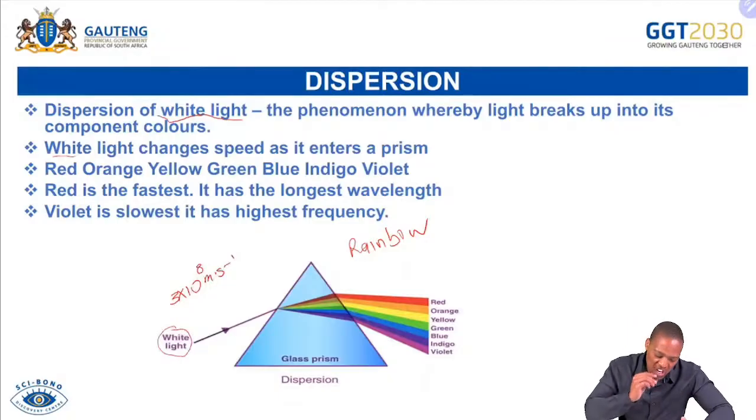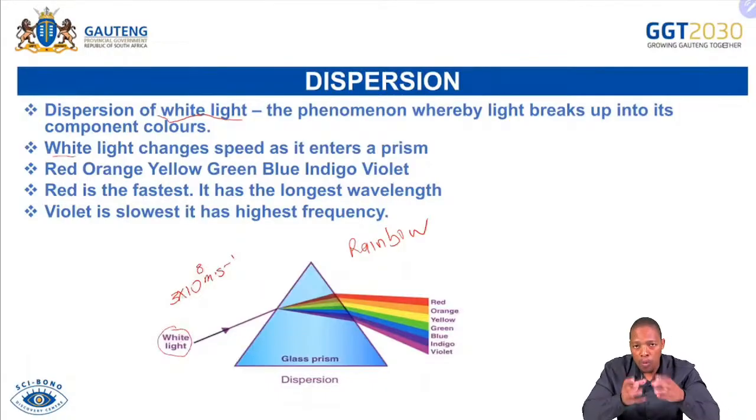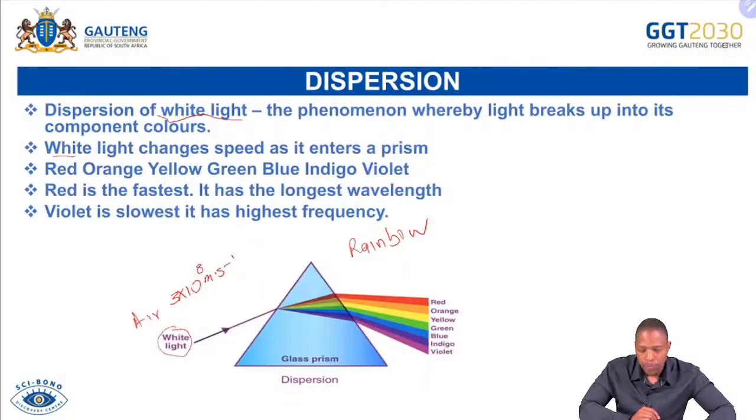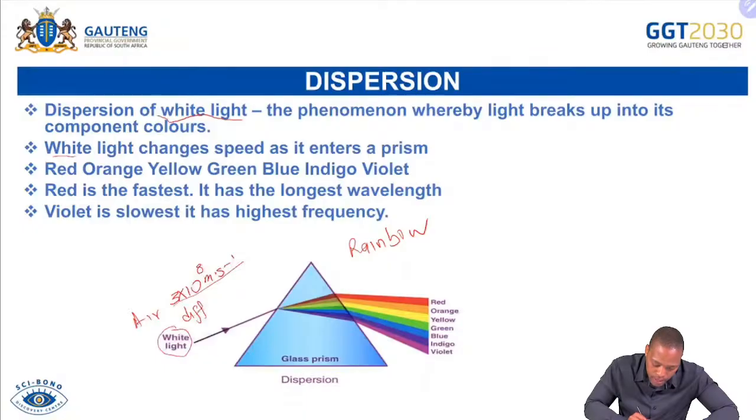So let's assume for simplicity that it's moving at that speed. All these colors are moving with the same speed in white light when white light is in air, okay? Now, all of these colors have different frequency.